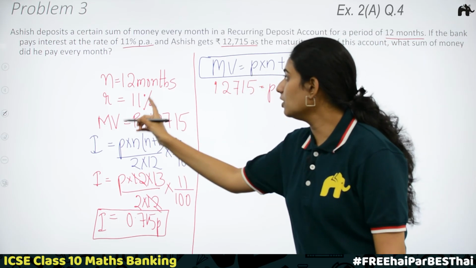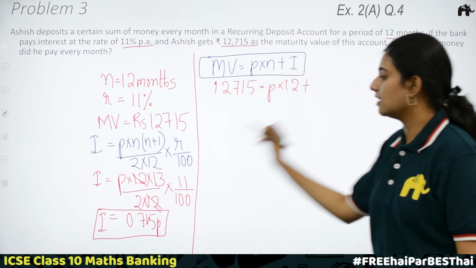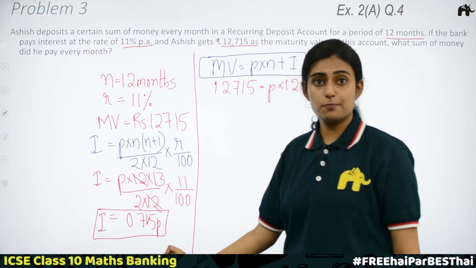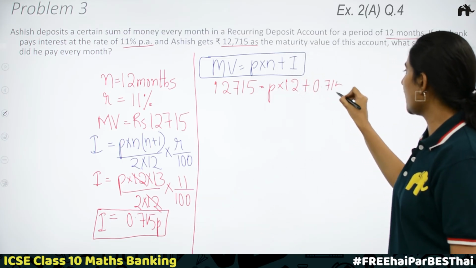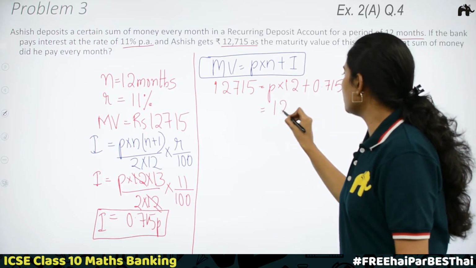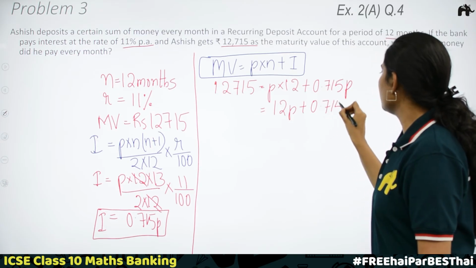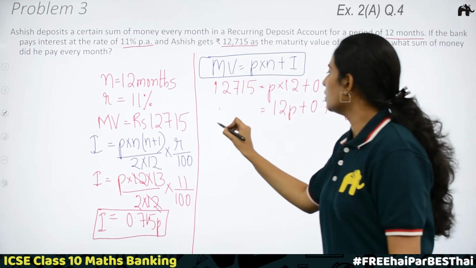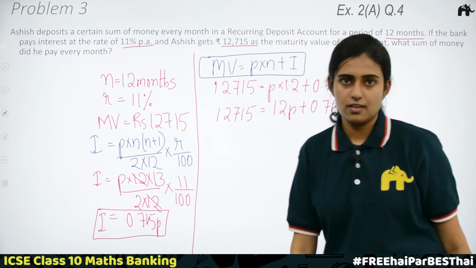N is equal to 12. 12 plus I. We know I in terms of P. That is 0.715 P equal to 12P plus 0.715 P. 12,715 is the maturity value.